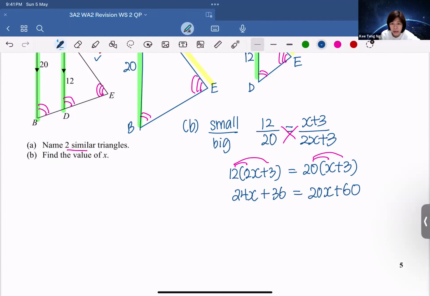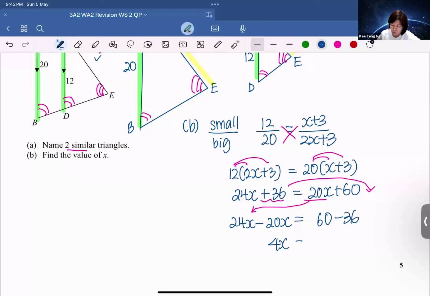Okay, and then we shall shift around our terms. I'll shift this over here. So this is positive, becomes negative, a subtraction. So 24x minus 20x. And this number is 60, positive 36, undo addition becomes subtraction, minus 36.